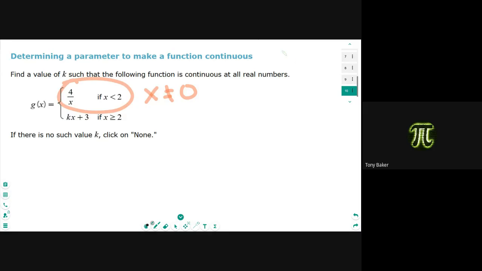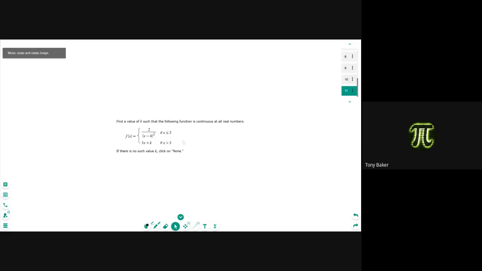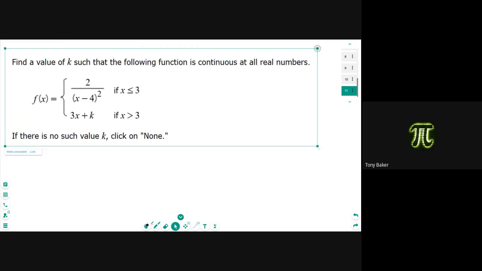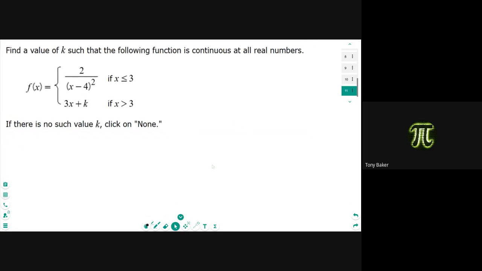Obviously, that group of problems is always that. Let me find the next group of problems. All right, let's look at this one.